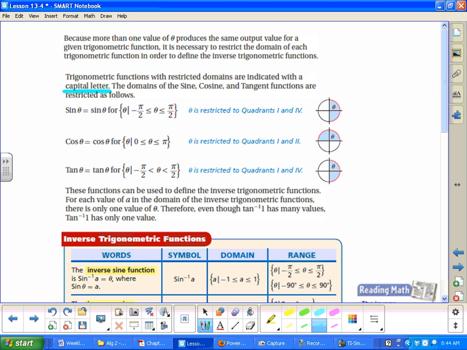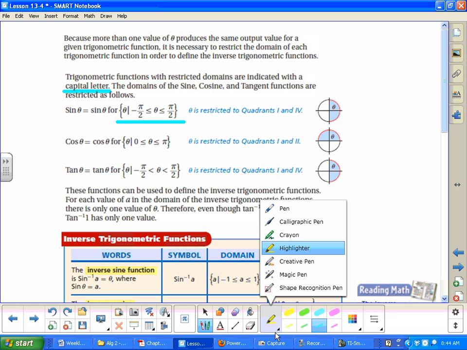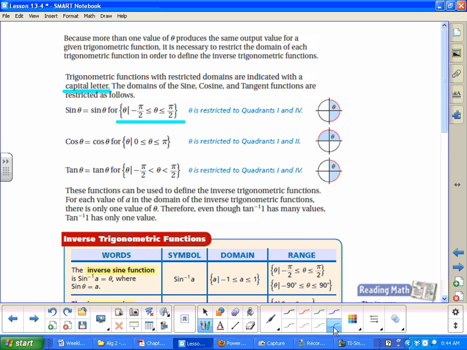When we use uppercase letters, we're going to use restricted values. Sine is going to be restricted to the fourth quadrant and the first quadrant, because y is negative here, y is positive there. We got to be able to incorporate all positive and negative values.